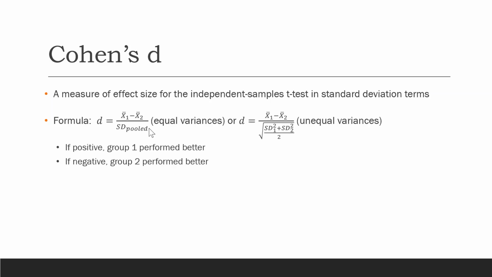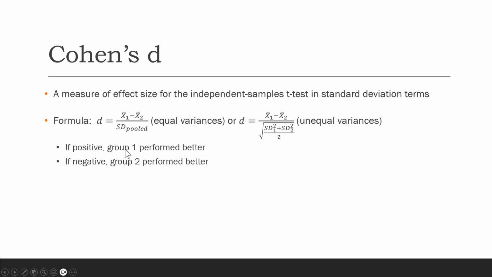Now, because this is a difference in the numerator and the denominator is a standard deviation, the sign of the numerator is going to tell us the sign of Cohen's d. If Cohen's d is positive, that means the first group mean was larger than the second group mean.